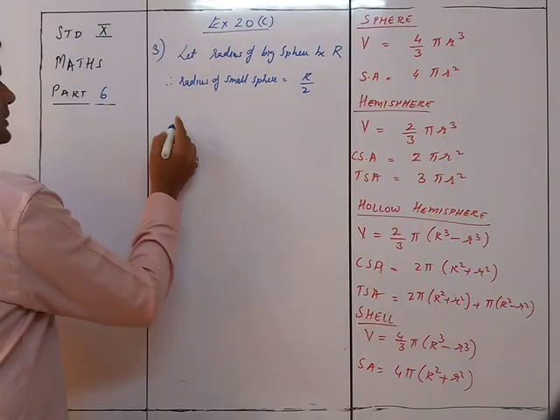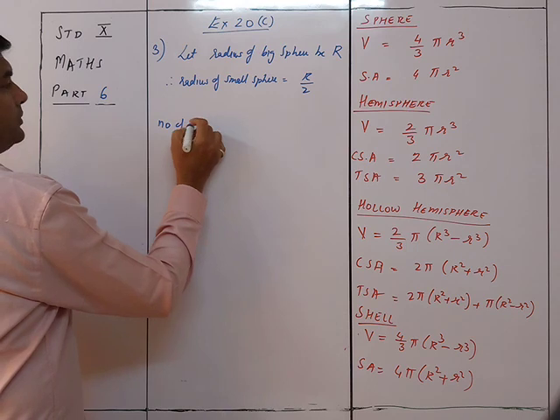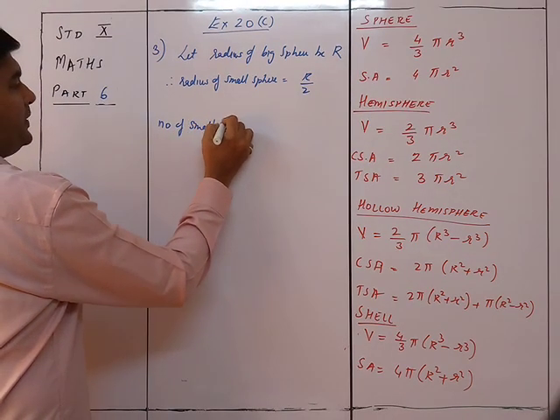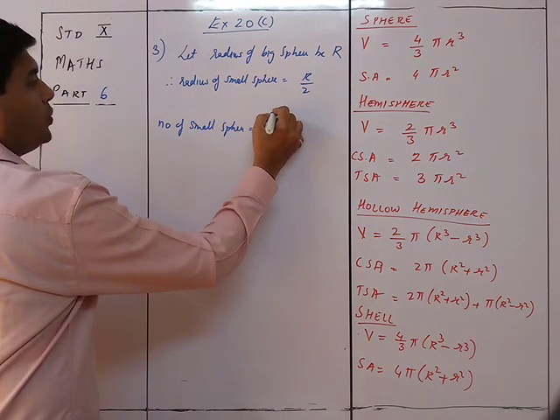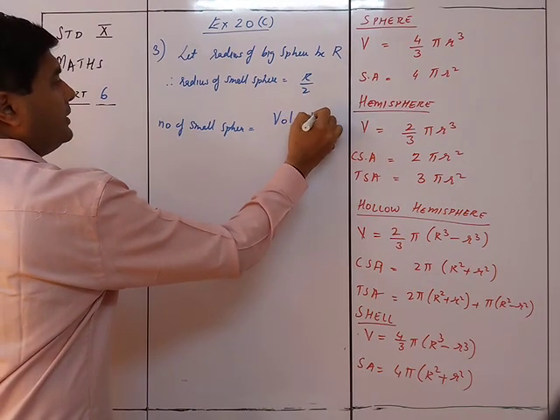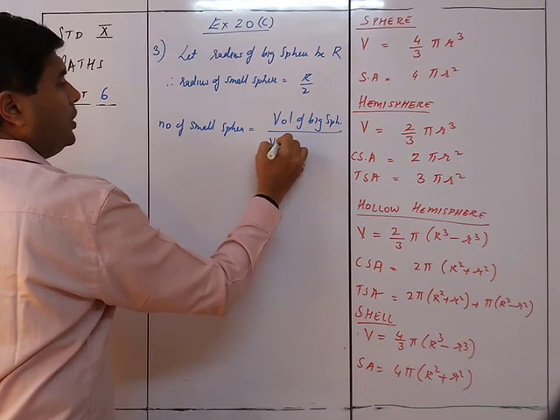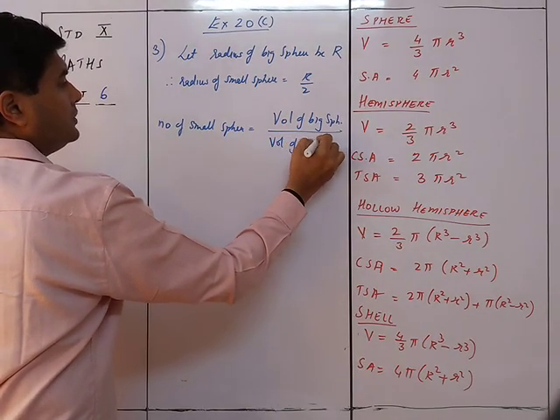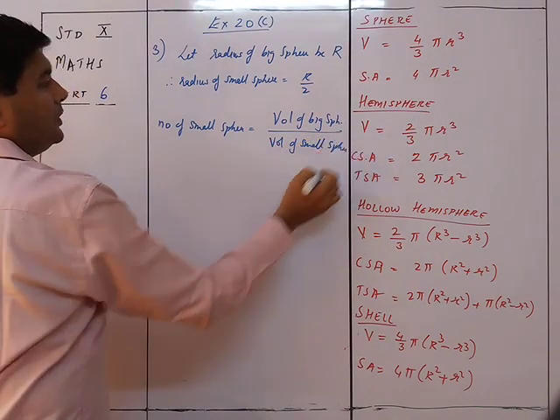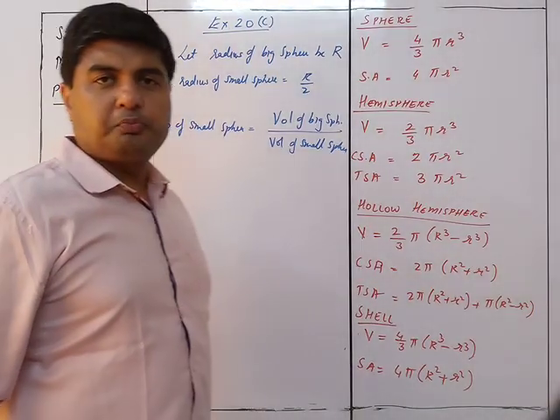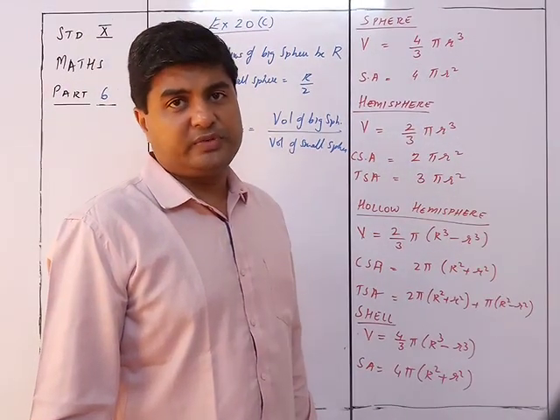We know that the number of small spheres is equal to the volume of the big sphere upon the volume of the small sphere. Volume of big upon volume of small sphere will give you the number of spheres which can be made.